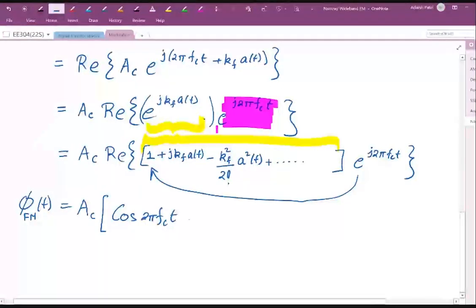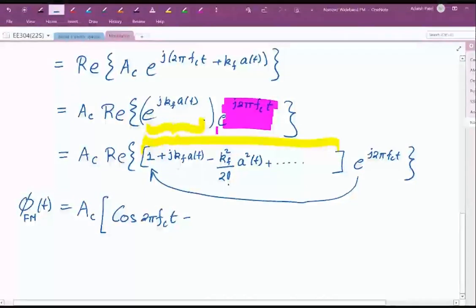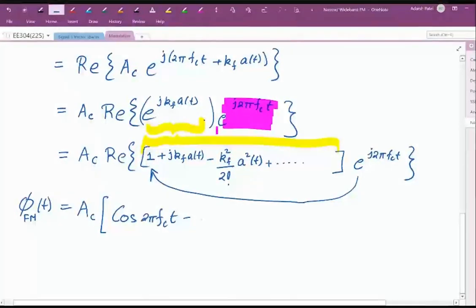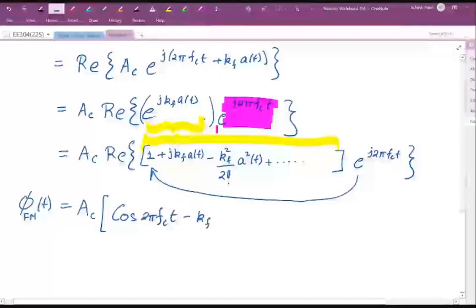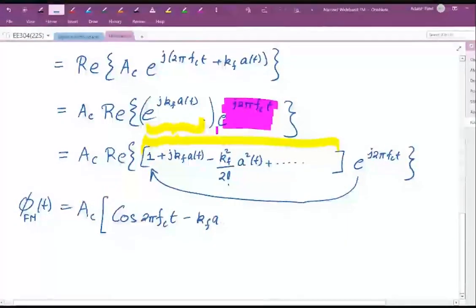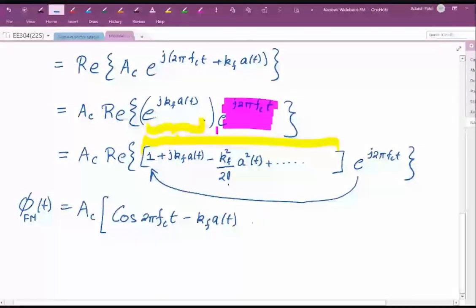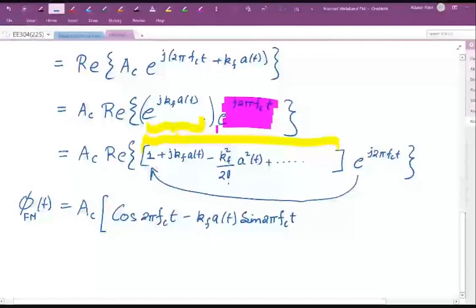Sorry, because there is one k_f, and if I multiply this with e to the power j 2 pi f c t and take the real part, it should be only one k_f and a(t), and as we are taking the real part and there was j, shouldn't it be sine 2 pi f c t? Sorry, sir. I missed that second part.